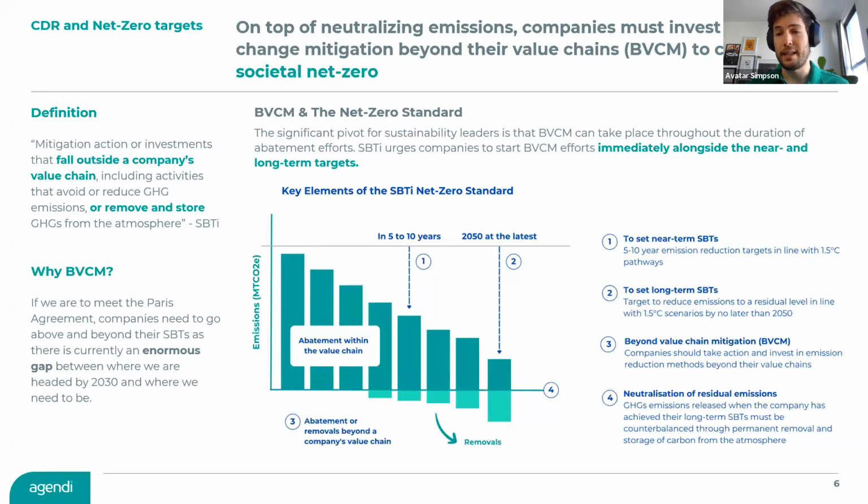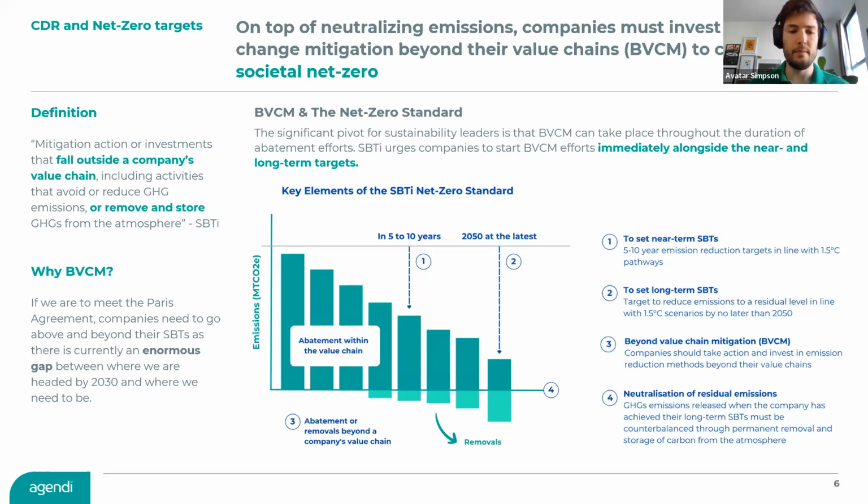And by investing in climate mitigation beyond the company's value chain, they can help close this gap. And by doing so, they can have a bigger impact. Instead of just covering the 10% in their target year, they can build up over time and end up having a larger portion of that dispersed throughout their whole target coverage.